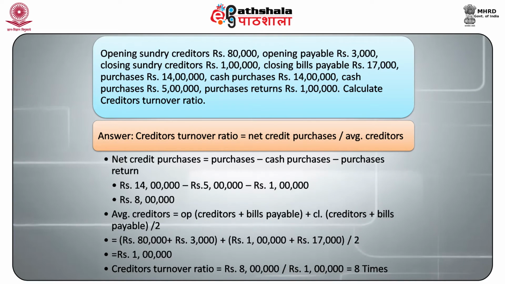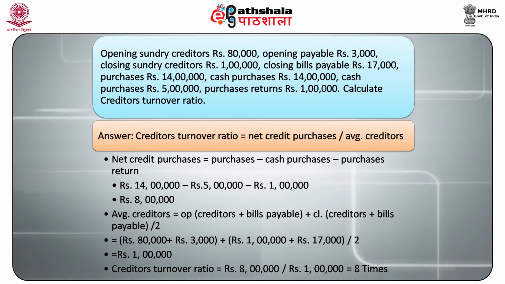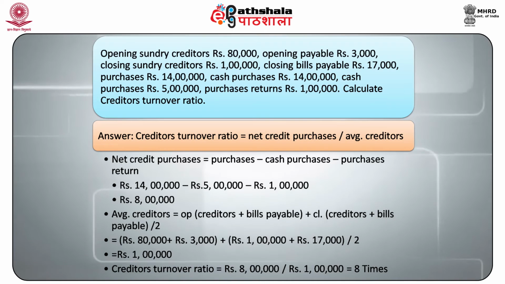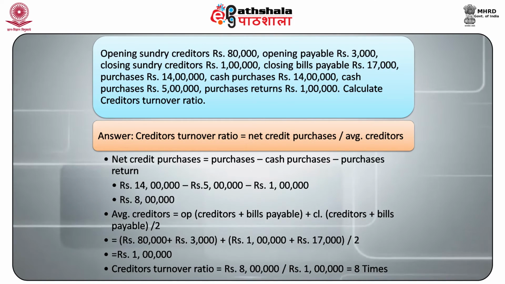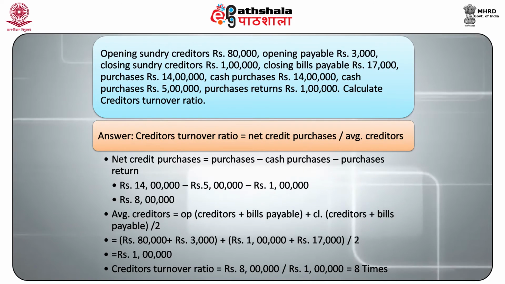The solution for this is creditors turnover ratio, which is given by net credit purchases divided by average creditors. Net credit purchases is purchases minus cash purchases minus purchase returns, which is rupees 14 lakh minus rupees 5 lakh minus rupees 1 lakh, which is rupees 8 lakhs.